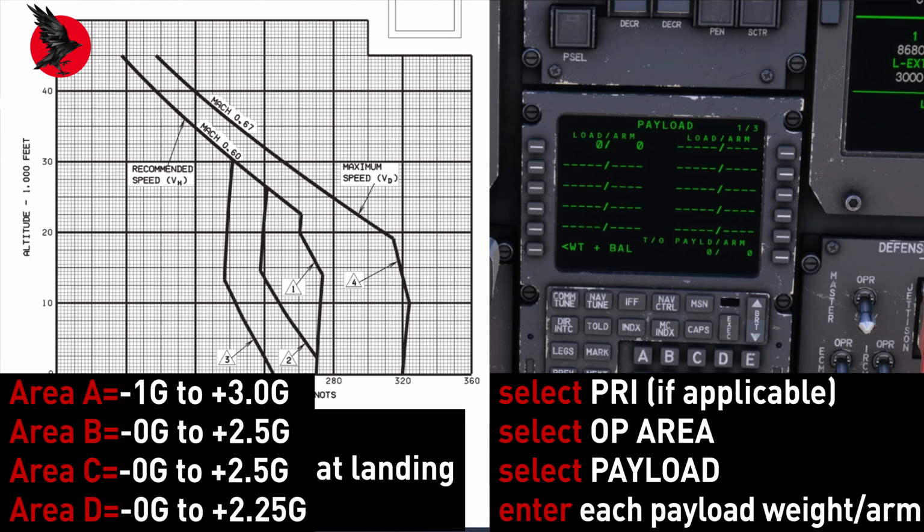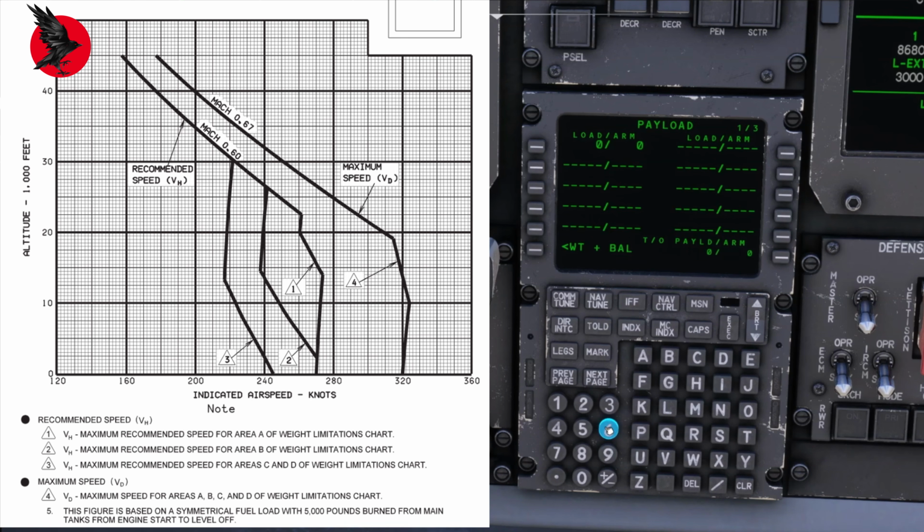So let's enter the weights and arms from our load sheet. 6600 at 603, and we have 9300 at 783. This gives us a total payload weight of 15,900 pounds with an arm of 708 inches.